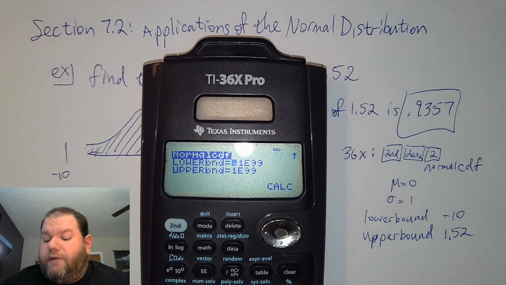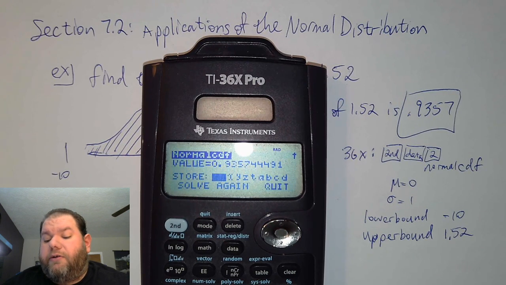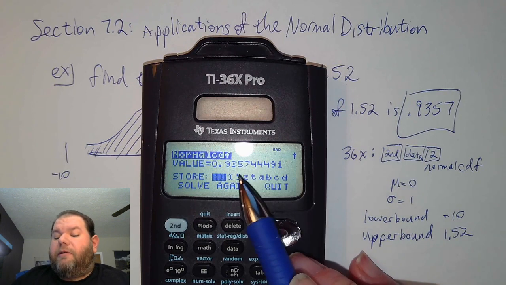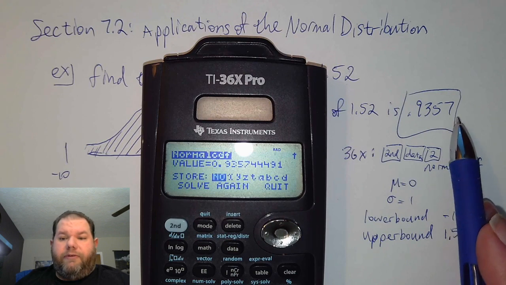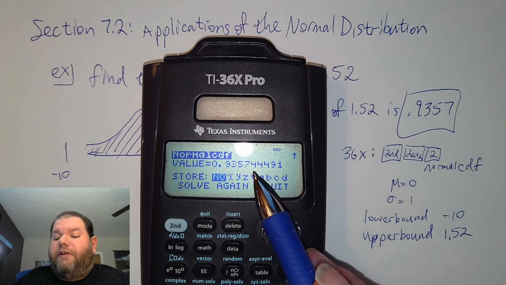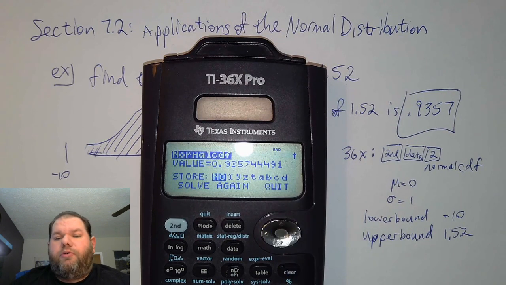So we enter -10 as our lower bound, 1.52 as our upper bound, and calculate. And we see the same number pop up, 0.9357, just like we saw right here. We actually see a lot more because the calculator will be more accurate in that regard.